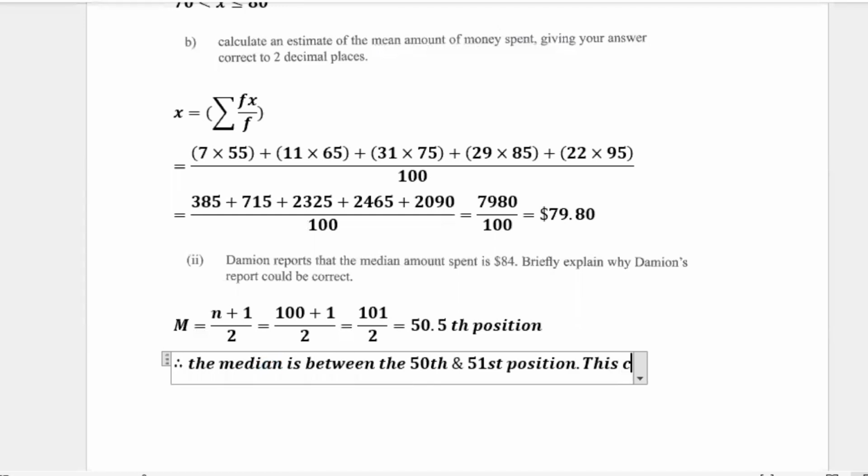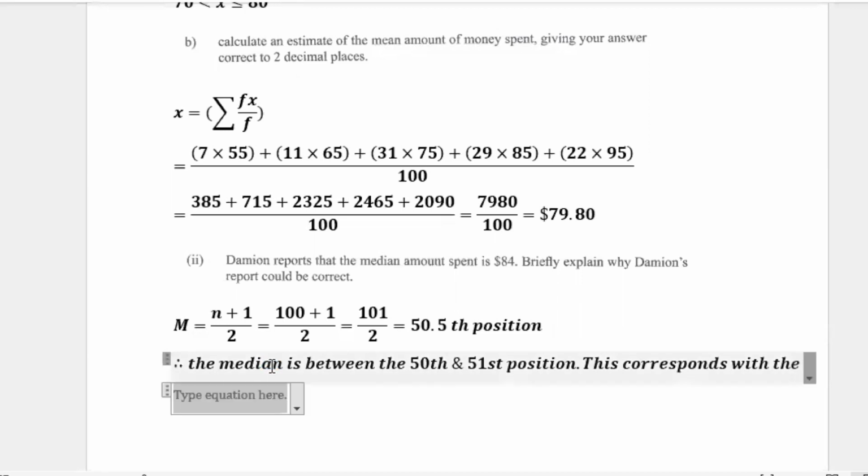This corresponds with the class interval of 80 is less than x less than or equal to 90.